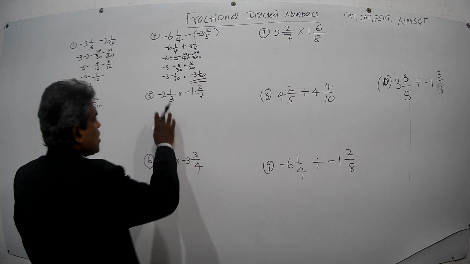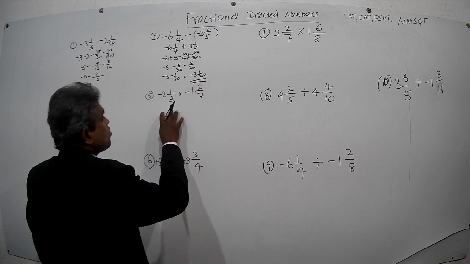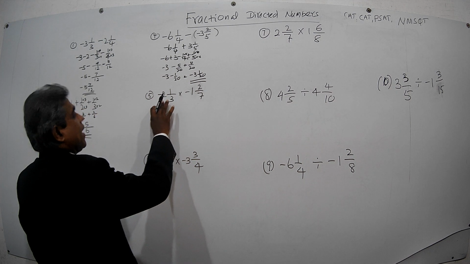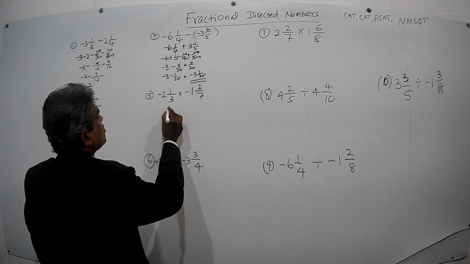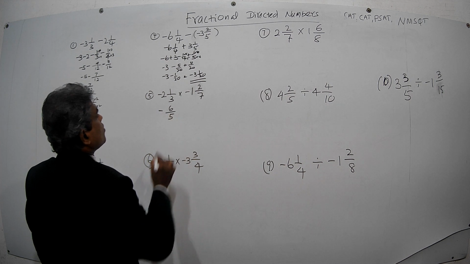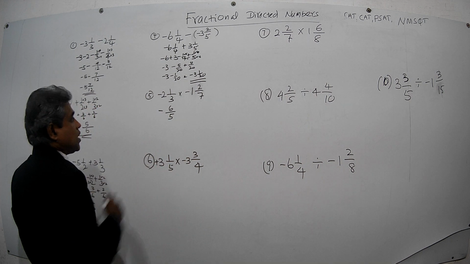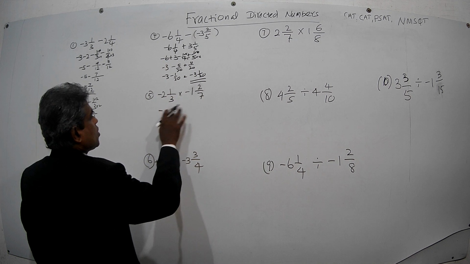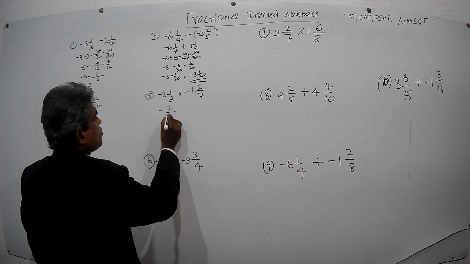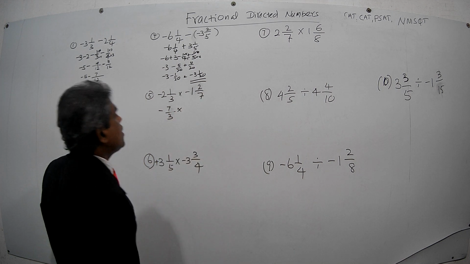As this is a mixed fraction, turn it into an improper fraction. 3 times 2, 6, plus 1, 7. Sorry, here it is 3. I'm sorry. Then next one, then 7.